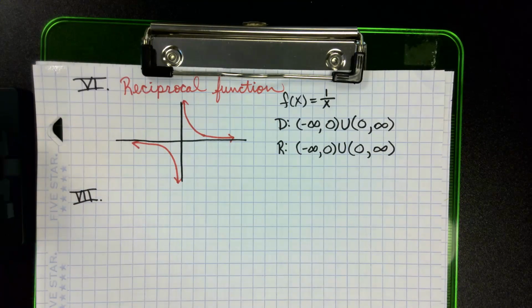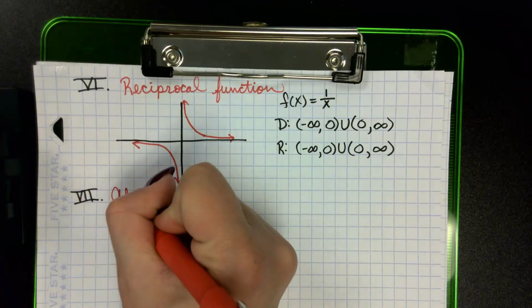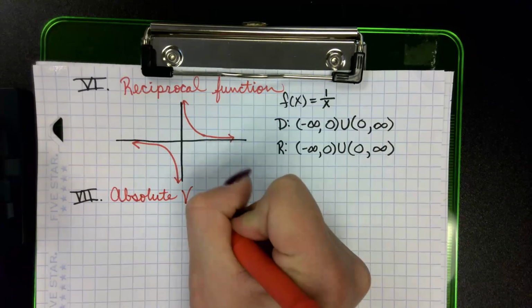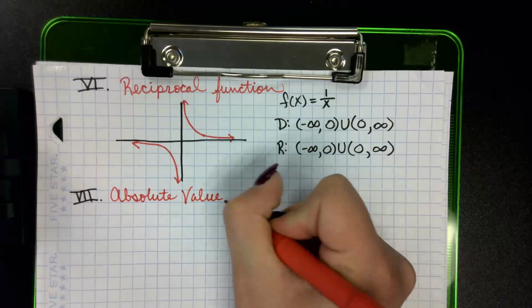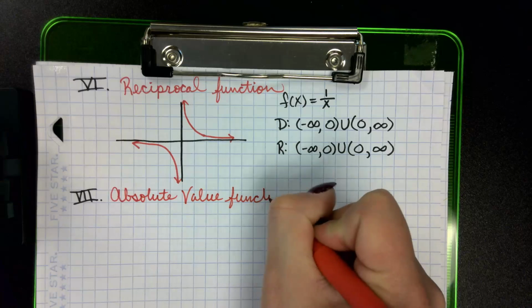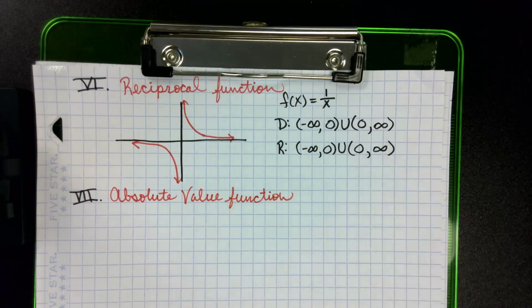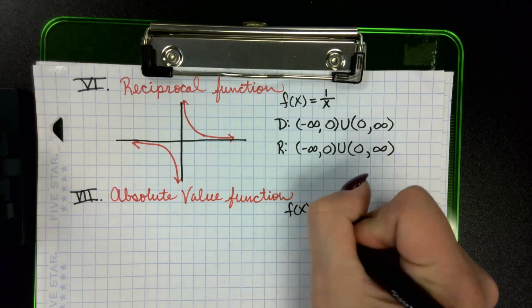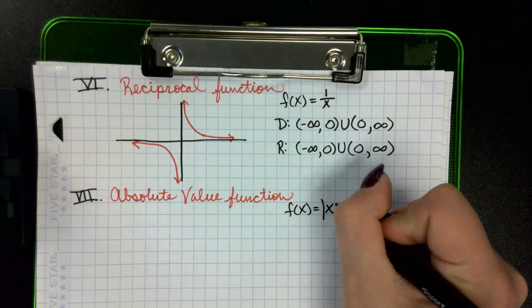Our next parent function is going to be the absolute value function. Absolute value function, f of x, is equal to the absolute value of x.